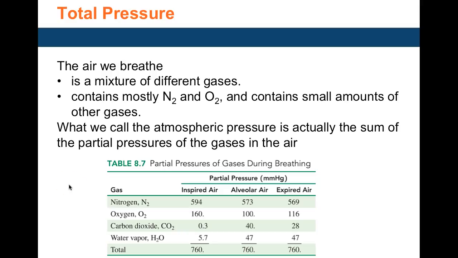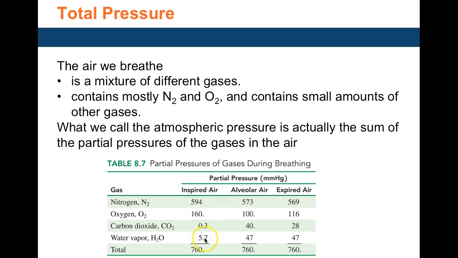All right, so the total atmospheric pressure, the 1 atm or 760 millimeters of mercury, is composed of the partial pressures of each of its components. 78% of that 760 millimeters comes from nitrogen, and that works out to be 594 millimeters of mercury. 21% contribution is from oxygen, and that works out to be 160 millimeters of mercury.